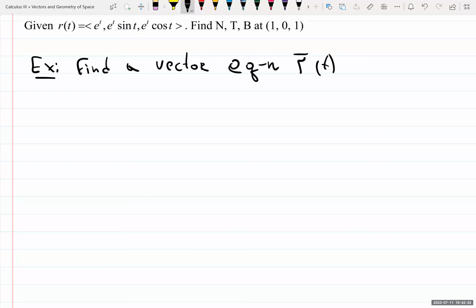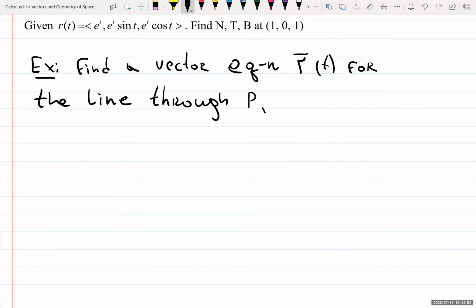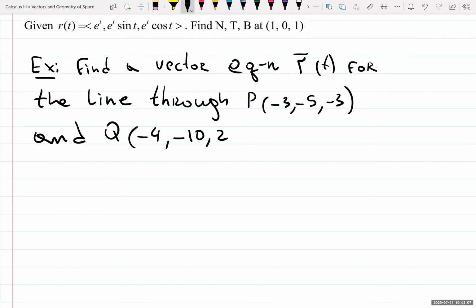Find the vector equation R of t for the line that's going through 2 points, P (-3, -5, -3). That's from your homework. And Q, also all your homework solutions right now are open, (-4, -10, 2), for each of the given conditions.